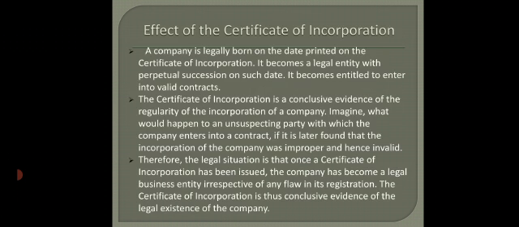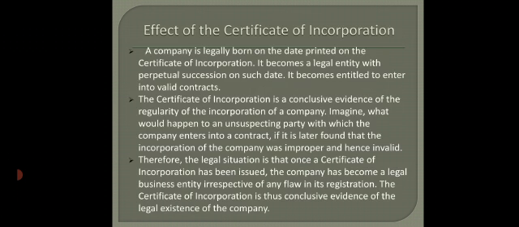That is why we call a company a legal entity with perpetual succession. Perpetual succession in the sense of continuous existence. Members may come, members may go, members may die, members may become insolvent, but the company will last for a longer period of time, which doesn't take place in case of a sole trading concern or a partnership firm.